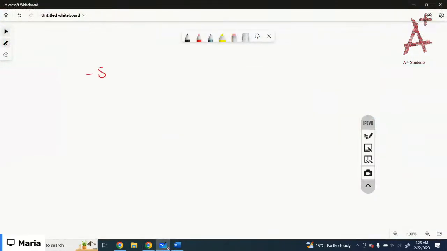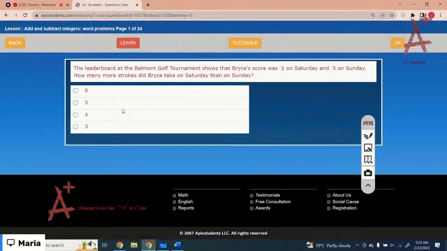So you have to do -1 minus -5. Subtracting a negative number is the same as adding. It would be -1 plus 5. So 5 minus 1 is 4. That means he has 4 more strokes on Saturday than on Sunday.